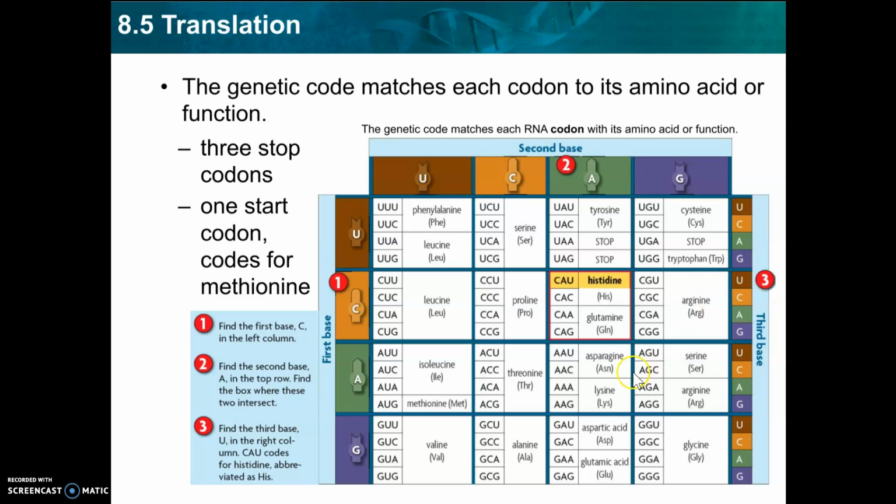And even though there are 3 codons that code for a stop, there's only one codon that codes for a start amino acid. Right, and that's methionine, AUG.